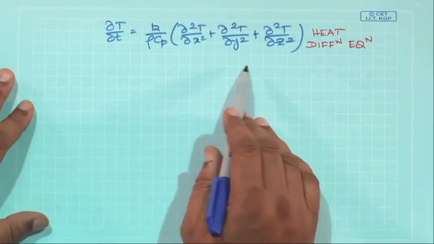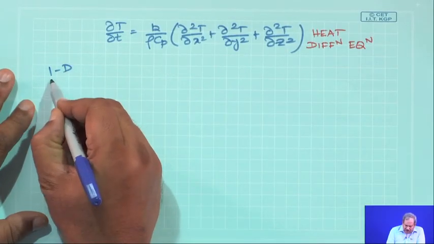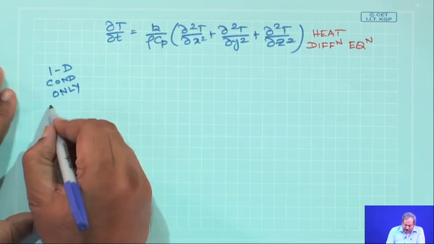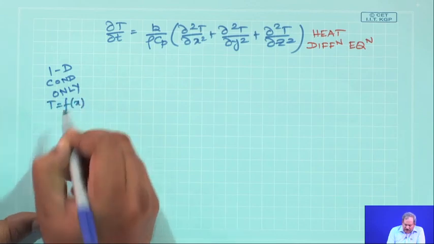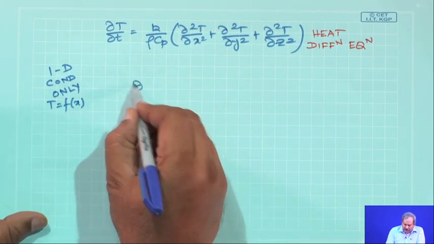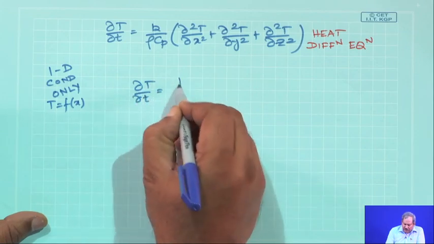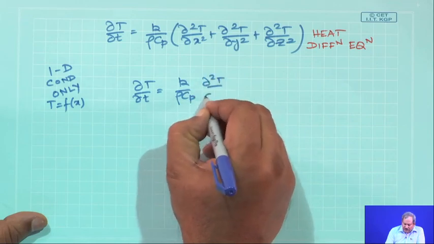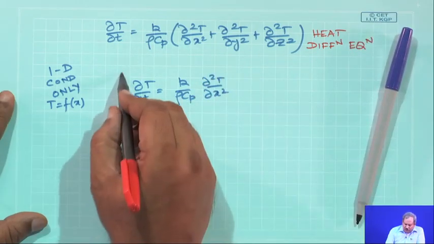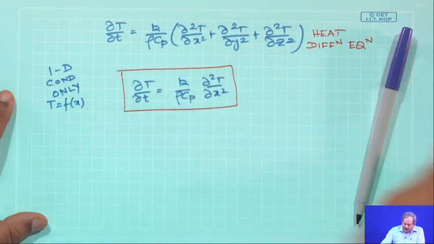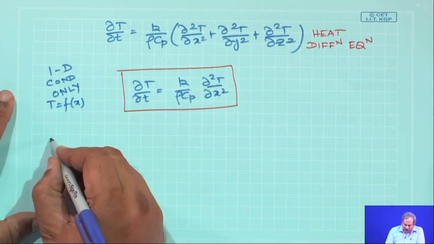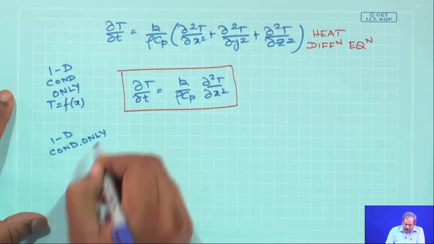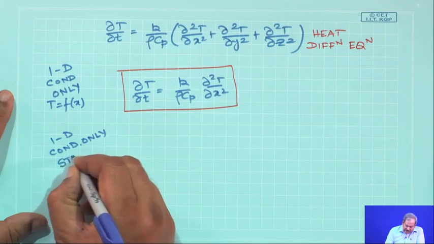If this is for a one dimensional conduction only situation, let us say the temperature is a function of x only, it is not a function of y or z, then this equation would be K by rho Cp times del 2 T by del x square. If I simplify it further, it is a one dimensional conduction only situation, but at steady state.